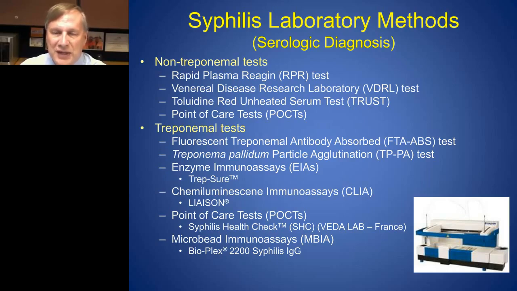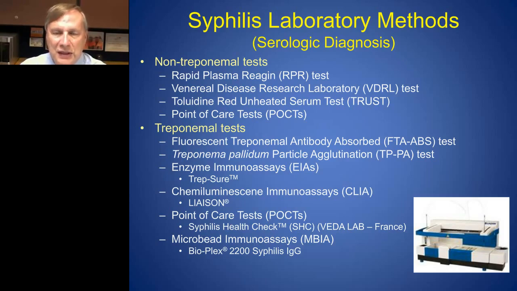The VDRL test was basically the first screening test, a microscopic test, versus the RPR test, which was read macroscopically with your eye. But the VDRL is still used for spinal fluids, and that's one of the main reasons we keep the VDRL around. The TRUST assay is just a little modification of the RPR.